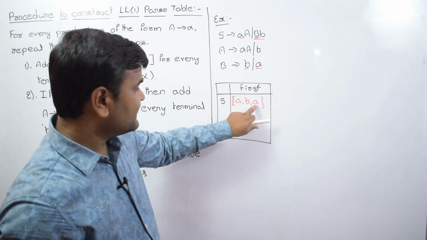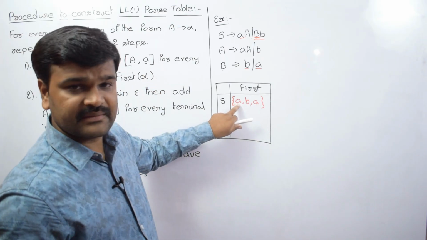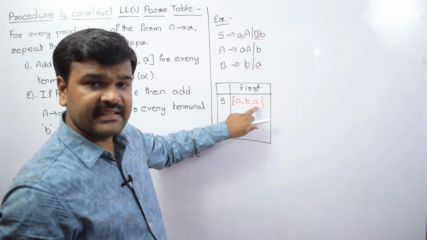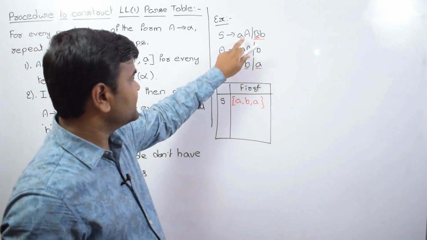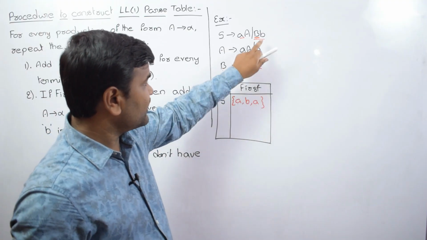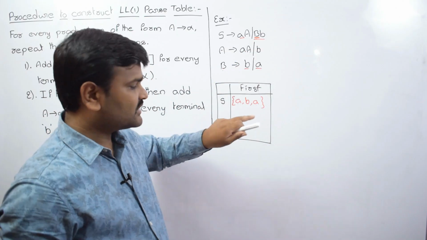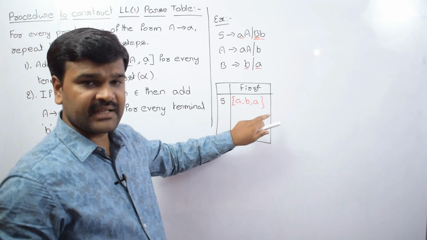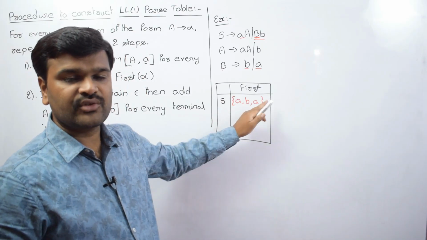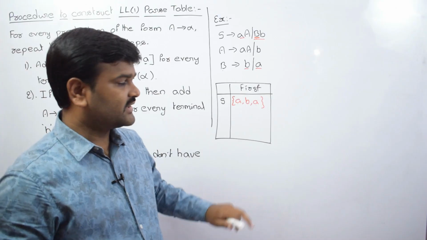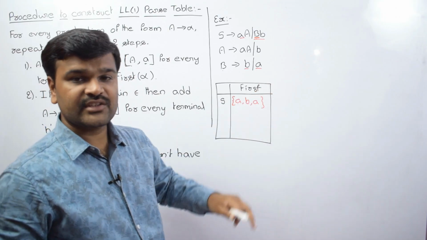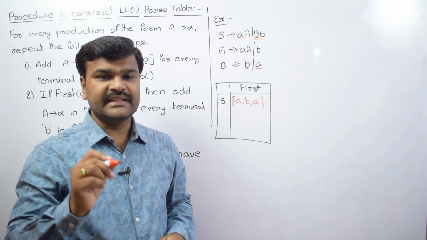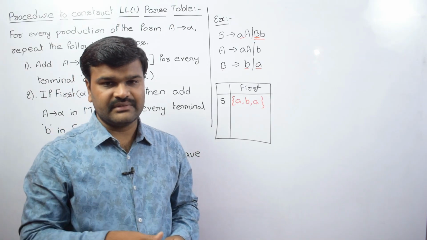This A is not from this production, because this A came from another production actually. This A came from this production, and this A came from that production. That is why, even though terminals are repeated, you have to write them all down. Since multiple same terminals are there, definitely you are going to have multiple entries in the parse table. That part we will see.